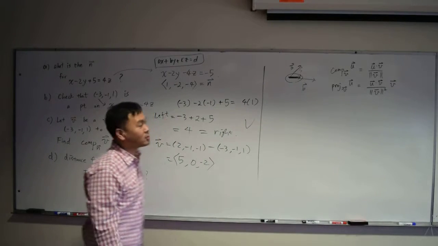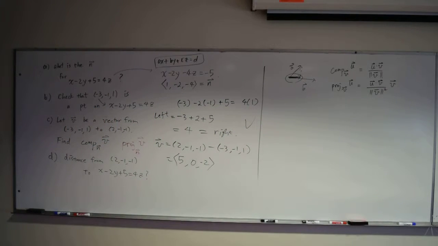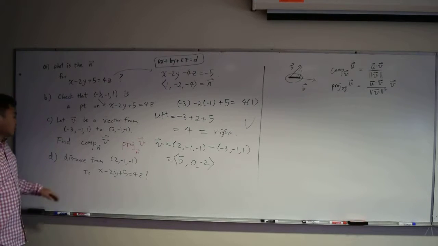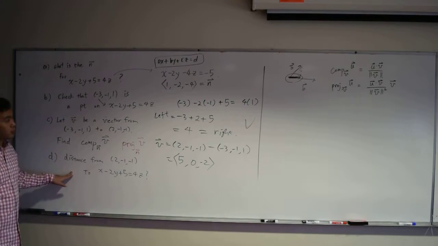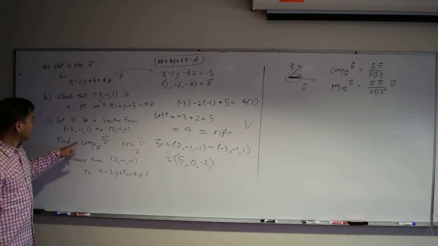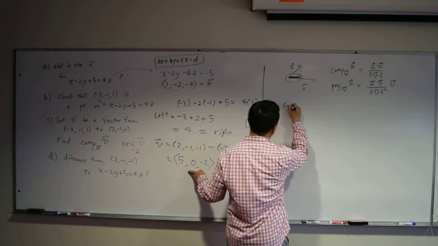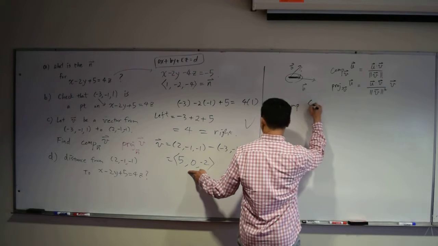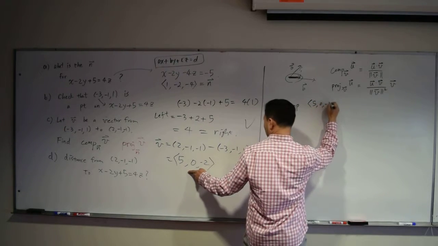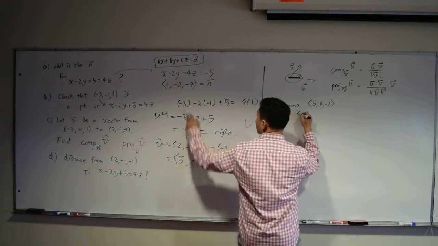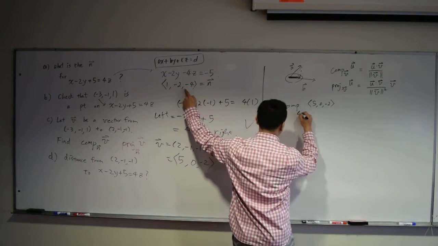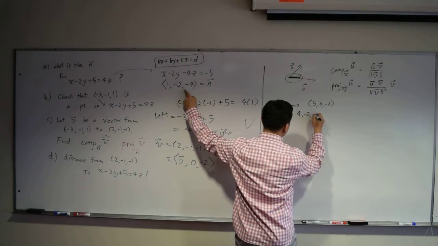Those are the formulas. Okay, so let's try this. You have this vector 5, 0, negative 2 projected onto the n vector, which is 1, negative 2, negative 4.